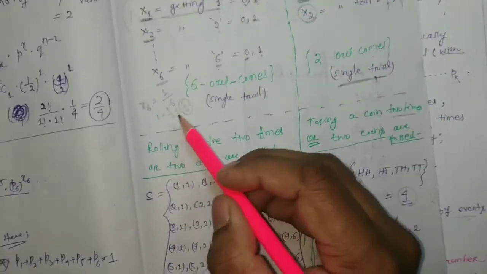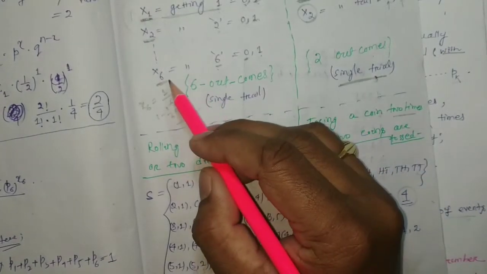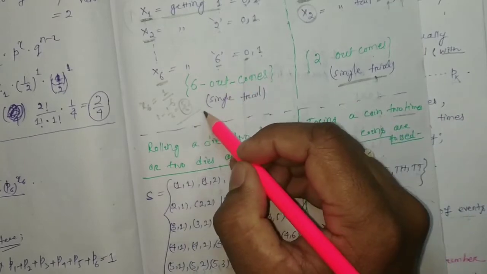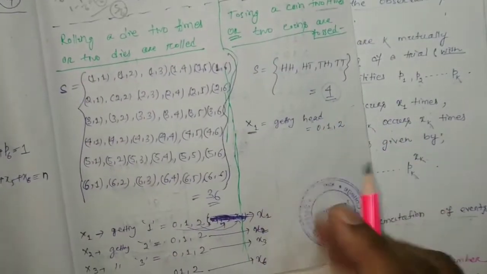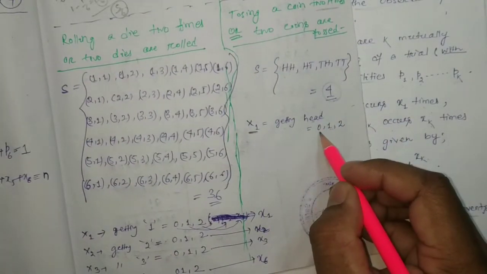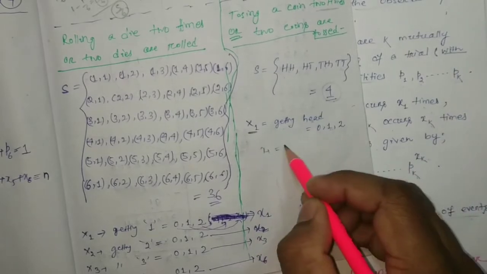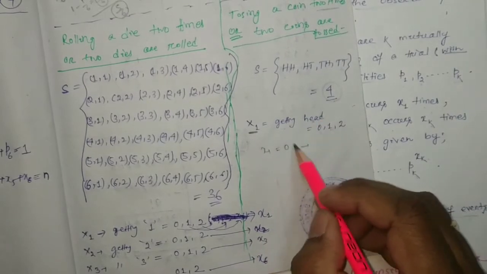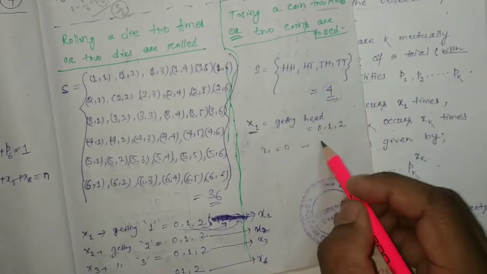Either you can consider 1 minus 1 by 6, which is 5 by 6, or getting 0 sixes, that means how many sample points? 5. So 5 by 6. Likewise, if x1 will be 0, that means there is no head, how many sample points? 1. So 1 by 4.